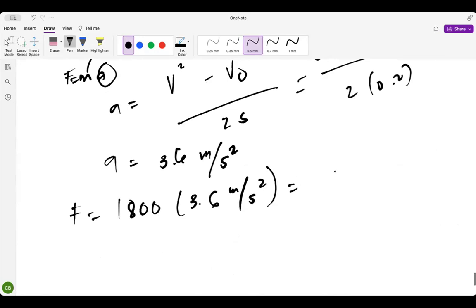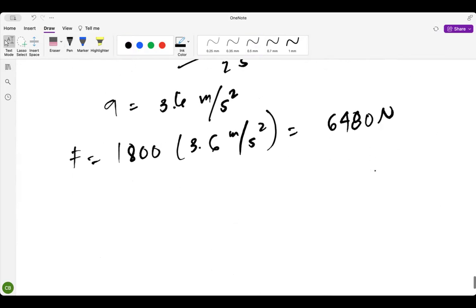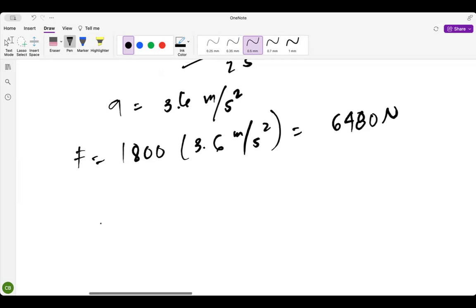So our force is 6,480 newtons. The mean diameter is C, the spring index, times d, so D_m is equal to 6d.